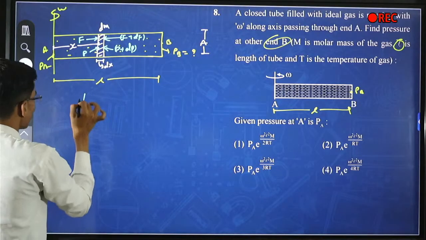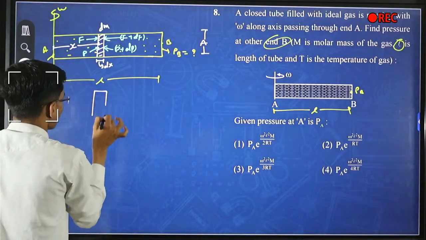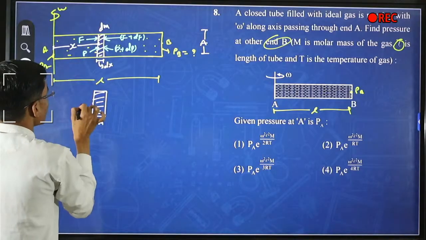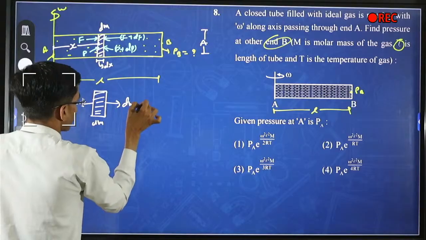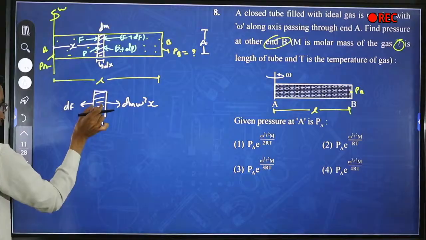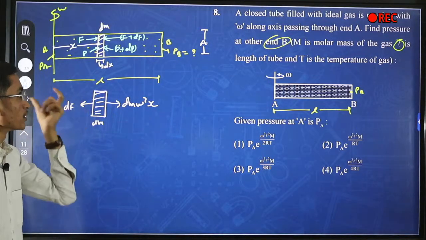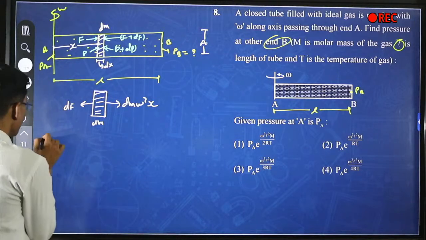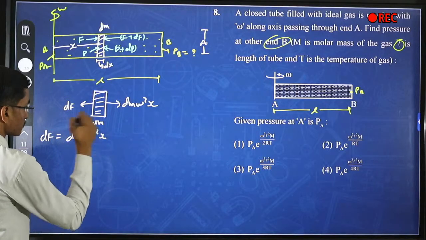So, consider dm mass here. dF force is acting toward this, and dm omega square x is acting on right side. Now this small element is not moving in this direction, so these two forces are balancing each other. So we can say that dF force is equal to dm into omega square x.